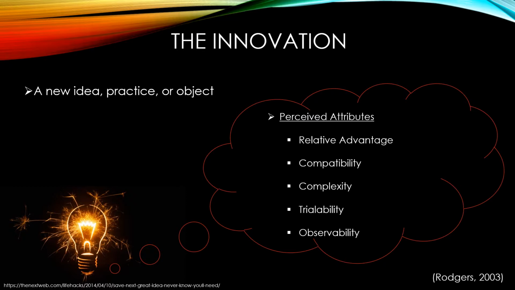Triability is the degree to which an innovation may be experimented on a limited basis. This way, adopters are able to test out the innovation without necessarily committing to it. Lastly, observability is the visibility of the results. People are more likely to adopt an innovation that has already demonstrated positive results rather than one with limited data.